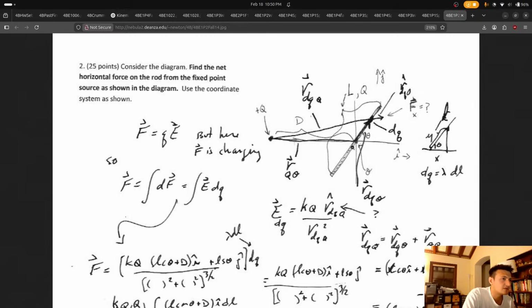Let's just call it minus x0. No, just call it x. So then r vector is going to be s cos, minus x, s sine. So that's good.